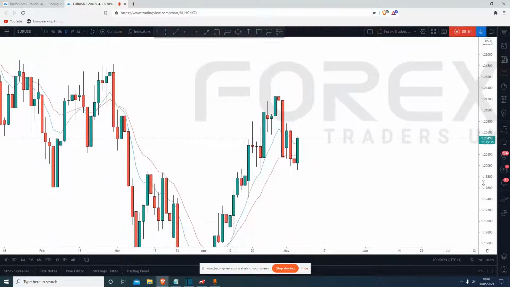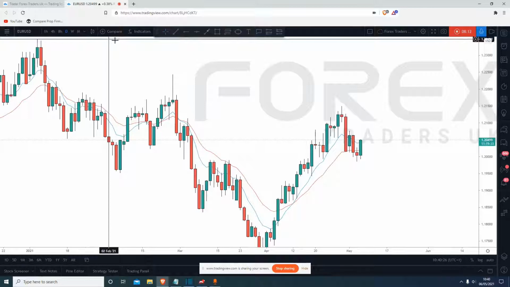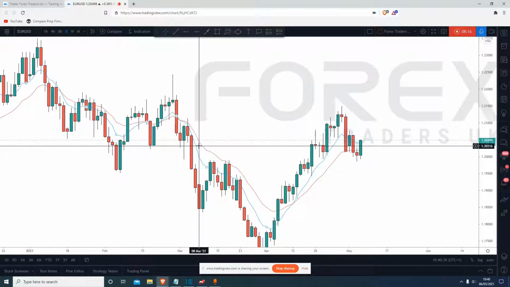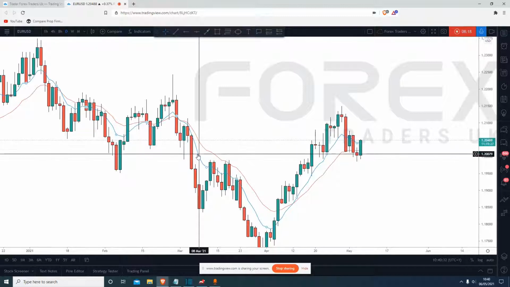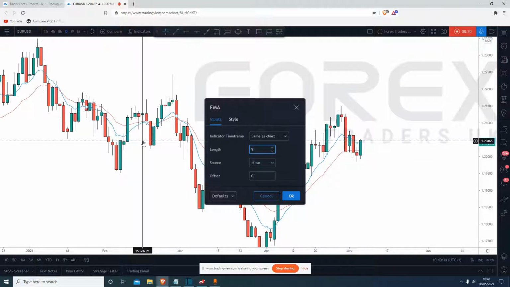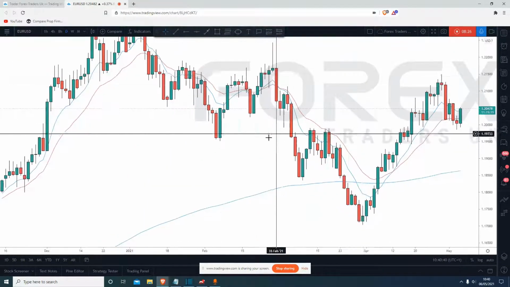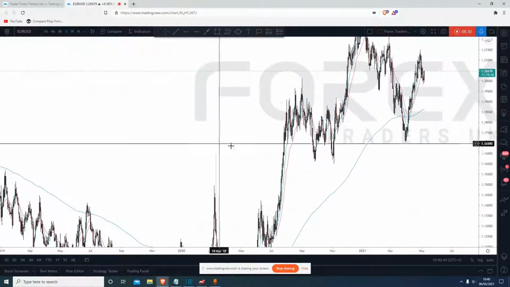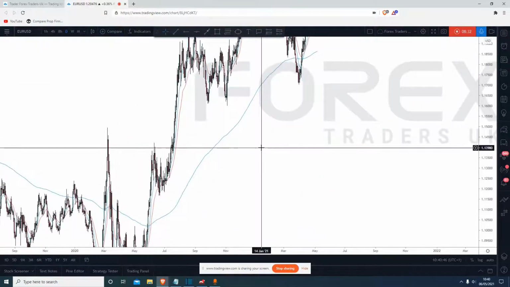Another way that you can use moving averages is if I can just add in another one. So this one, I'm going to set at 200. Now, a lot of traders use this as a much longer term viewpoint of where the market cycles are going to happen.